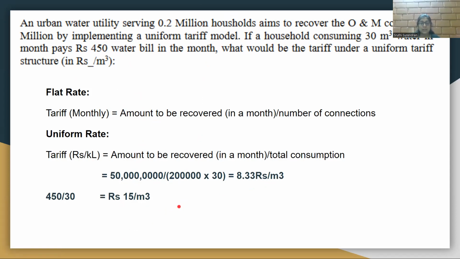In the previous week's question and answer session also, we got different values of 6 rupees per meter cube and 8 rupees per meter cube. That is probably because when you do it this way, by dividing the monthly bill by the monthly consumption, whatever amount is being charged will be the amount applied for the tariff, rather than the wholesome value.